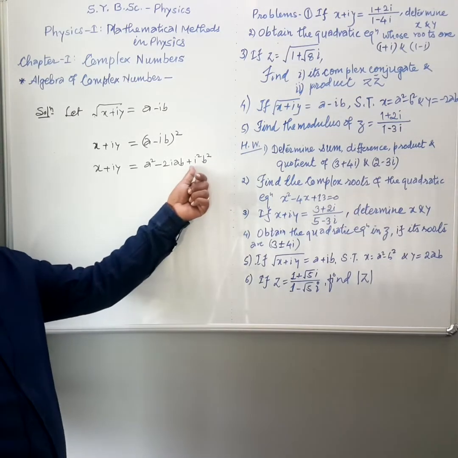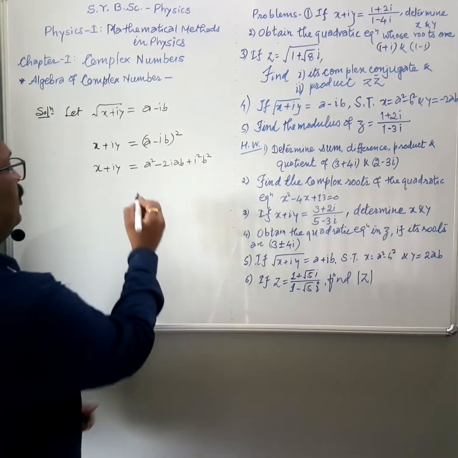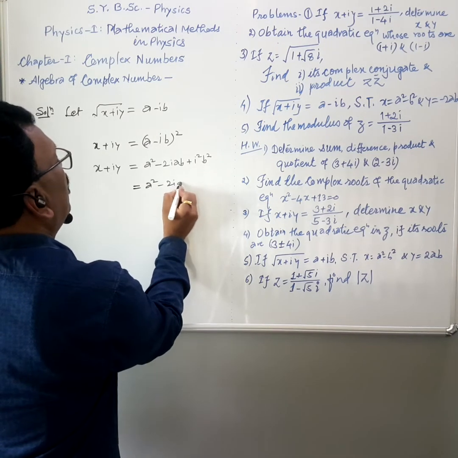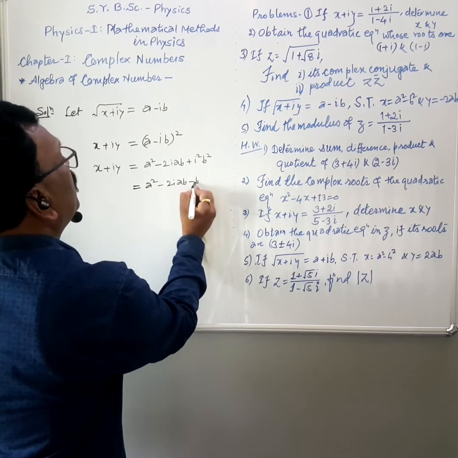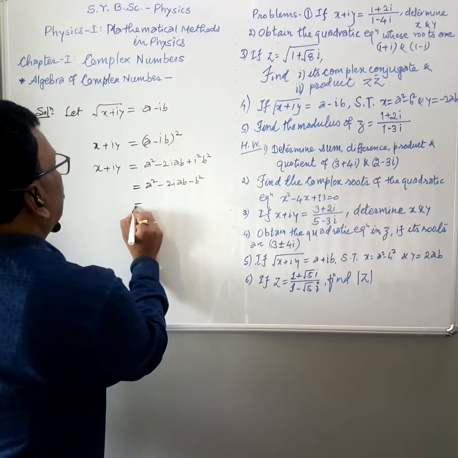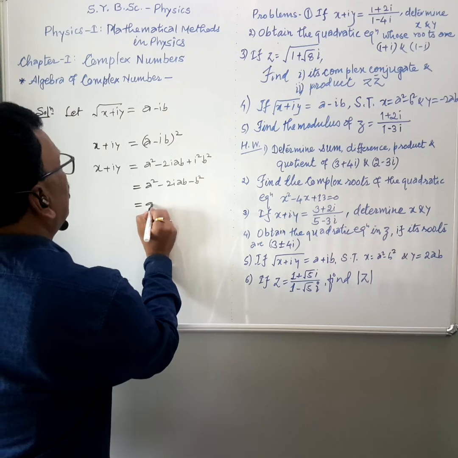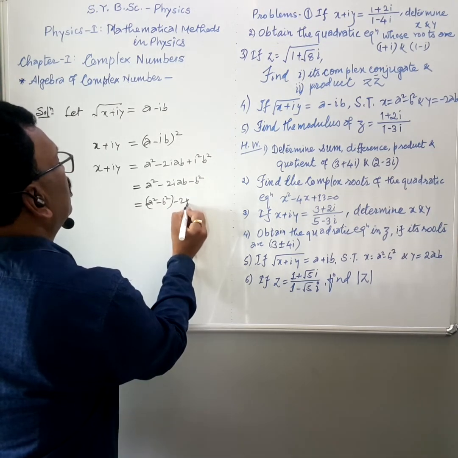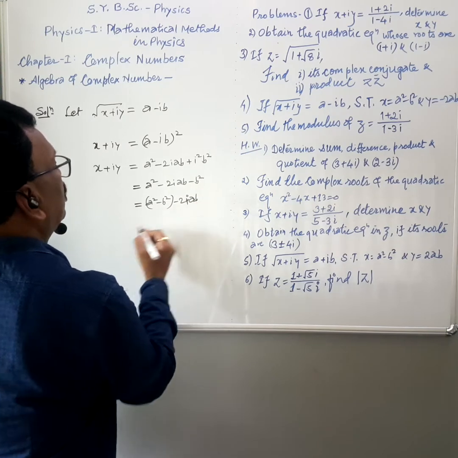Again, the value of i square is equal to minus 1. Therefore, a square minus twice iab minus b square. This equation can be written like this: a square minus b square minus twice iab.